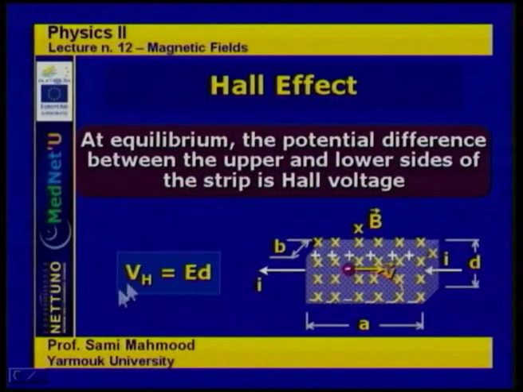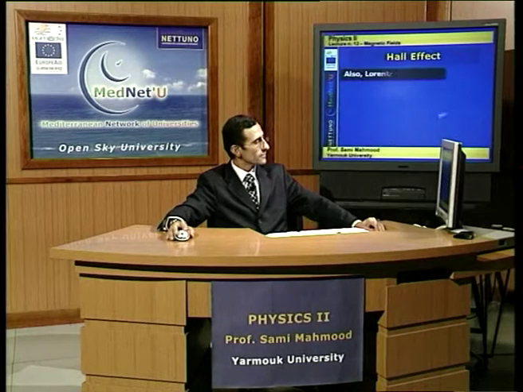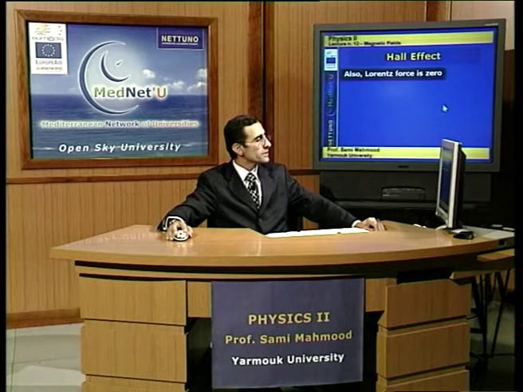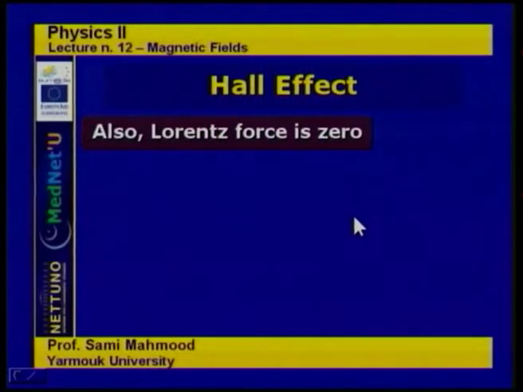So the Hall voltage V sub H is equal to E, the electric field between the upper part and the lower part, times the height of the strip, which is D. E times D is equal to V Hall. Also, from the Lorentz force, the net force is 0 in the equilibrium situation.